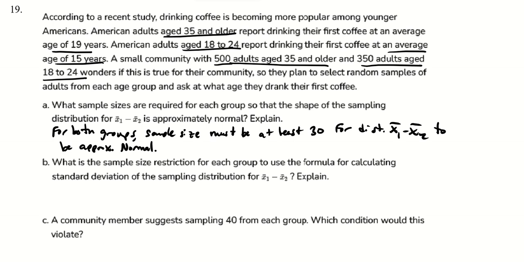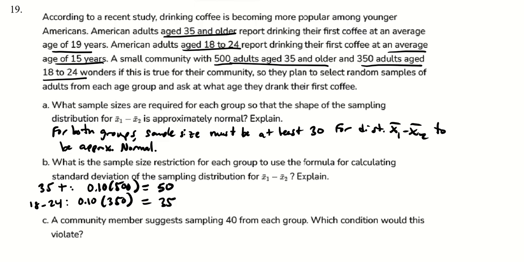What's the sample size restriction for each group to use the formula for calculating the standard deviation? Now, this is the 10% condition. And now we can distinguish between them. So 35 or older, so 35 plus, and then 18 to 24. Okay, so for the 35 plus, we have to use the fact that there's 500 of them. And so 10% of 500 is 50, okay? And then 10% of 350 is 35.